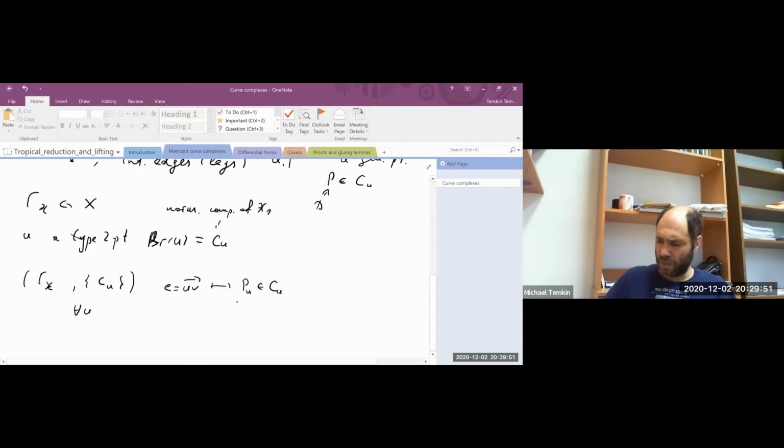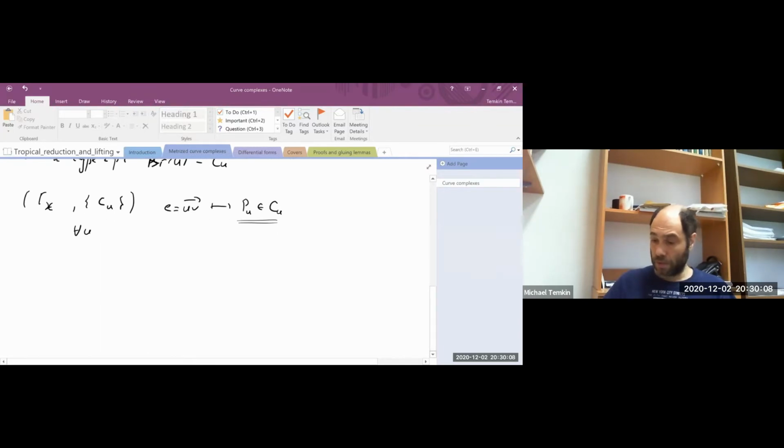So strictly speaking, one also should provide such information, identify edges with points on components. I'll not put it into the notation. It's always there. Good. It turns out that this is another equivalent way to describe logarithmic reduction, or a tropical reduction.